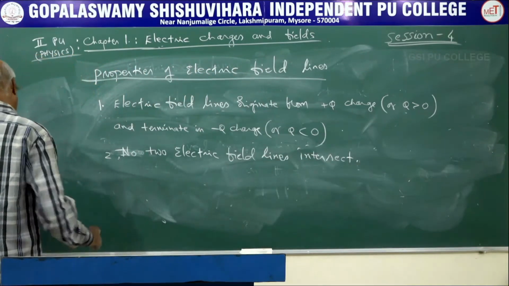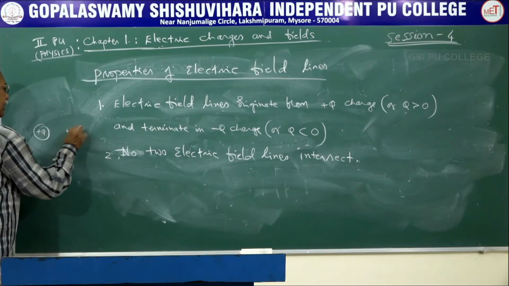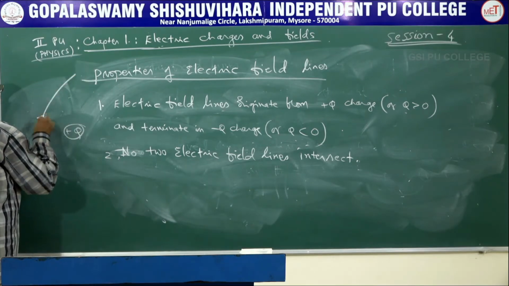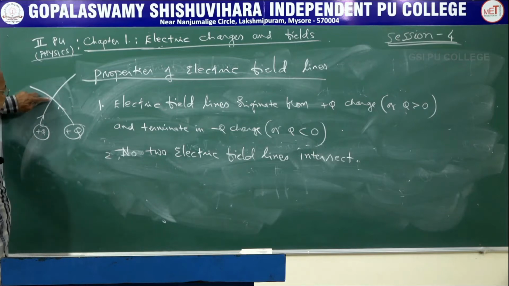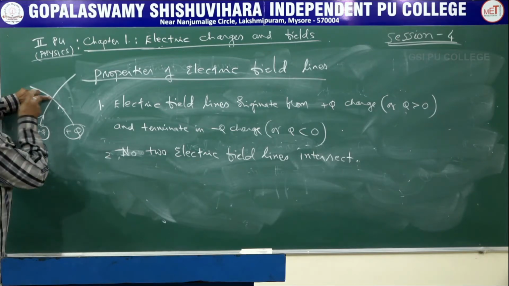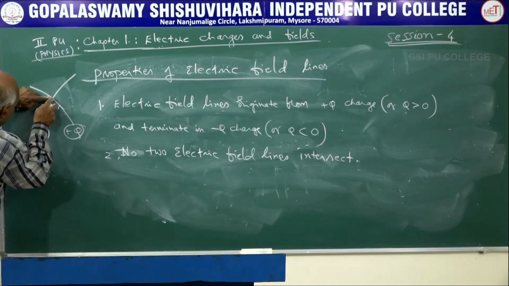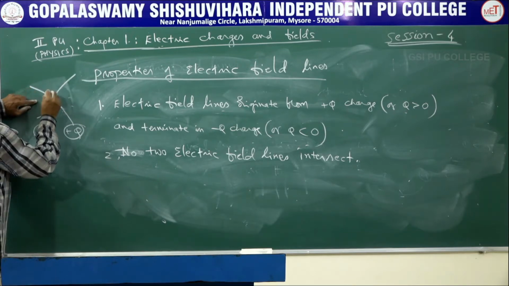If they cross, it means that if you have a plus Q charge here and another plus Q charge here, and this is the direction of the electric field due to this and this is the direction of electric field due to this, if they intersect, it is as good as saying this electric field is traveling along this direction and the electric field is traveling along this direction.